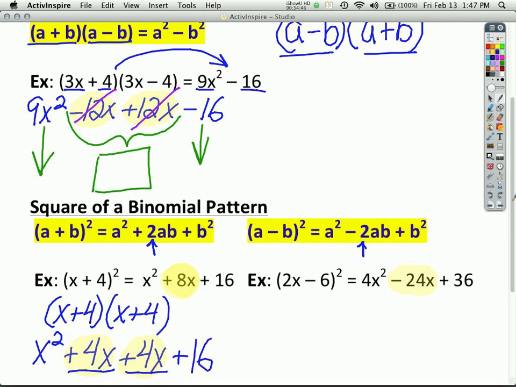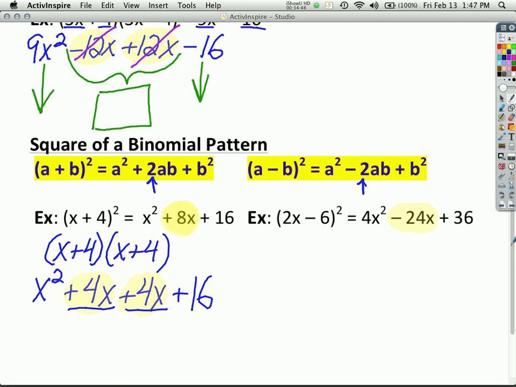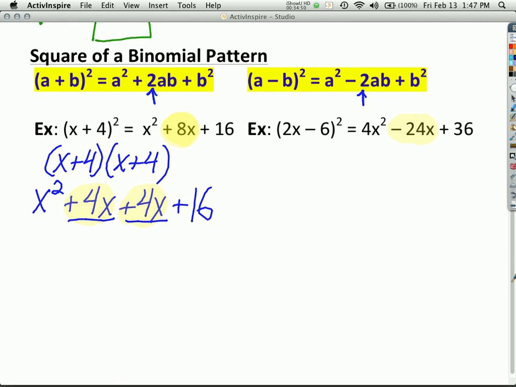Any questions about that? Kelly? In the example when it says the 2 times AB, this is just explaining this right here. A is this, B is this. Okay? What's 4 times x?